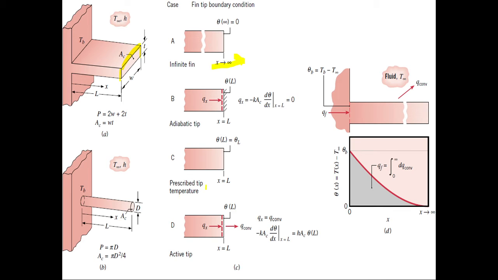Prescribed tip temperature: here x equals L, the length of the fin, and T infinity. Here you can see the length of the fin, a cylindrical fin, that is L, the cross-sectional area of the cylindrical fin is Ac, the base temperature is TB, and the diameter of the fin is D. So the perimeter is pi d, because the perimeter formula is 2 pi r.